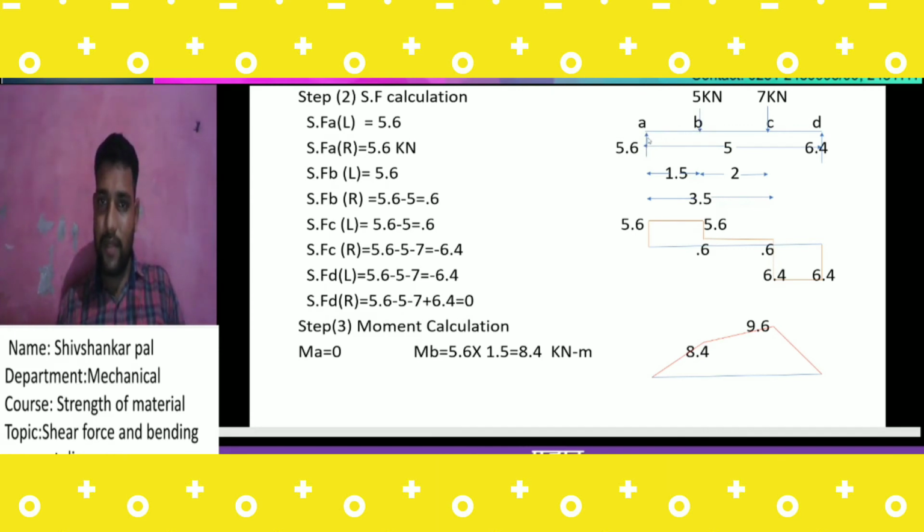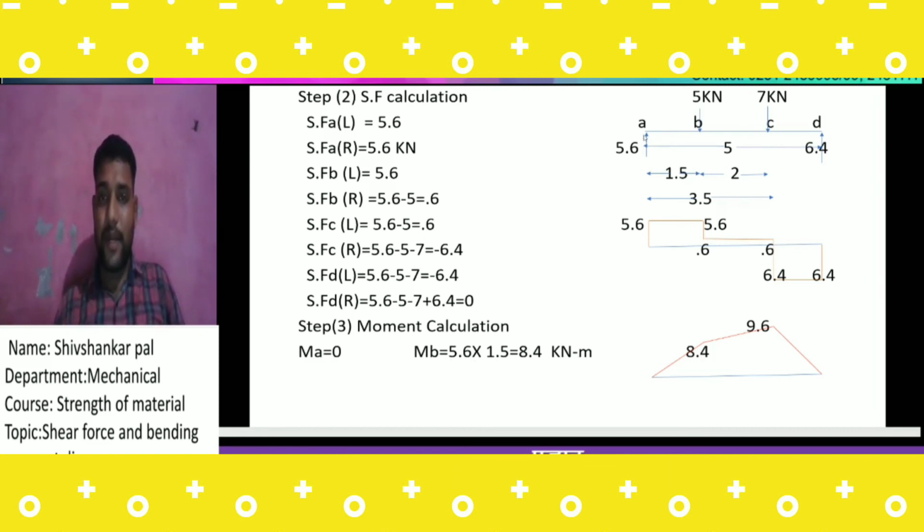Due to the 5.6 kilonewton, it tries to rotate in the clockwise direction, so the moment is positive. So 5.6 multiplied by 1.5 is the moment. So MB is equal to 5.6 times 1.5, which is 8.4 kilonewton-meter.